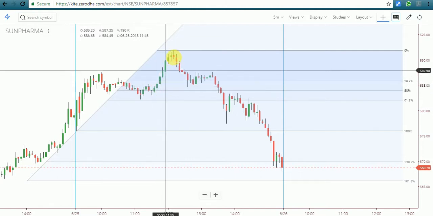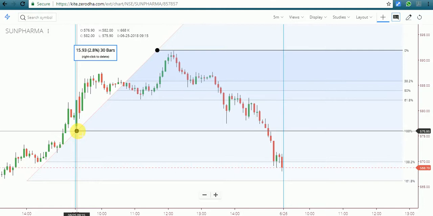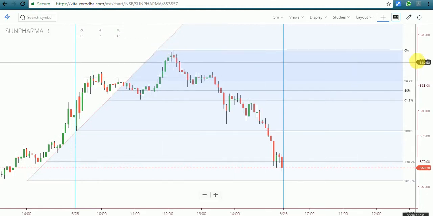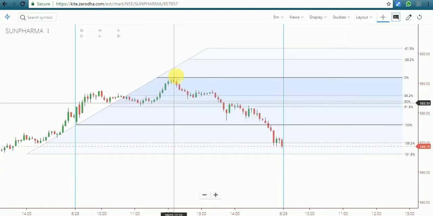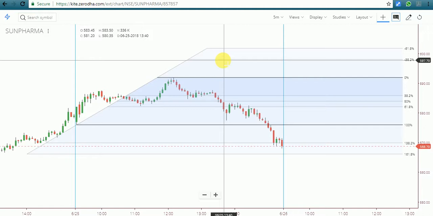But here, it went up to this level, then after that it fell back. Here you cannot assume, because I picked from low to high. On the live market, you can assume that it may hit 38.2, that level also it may hit.